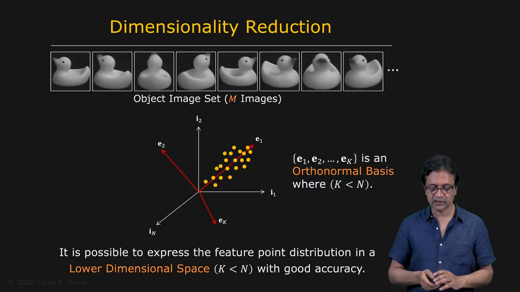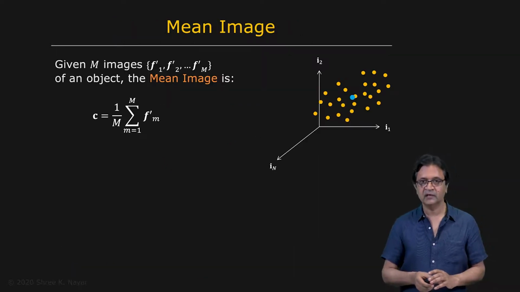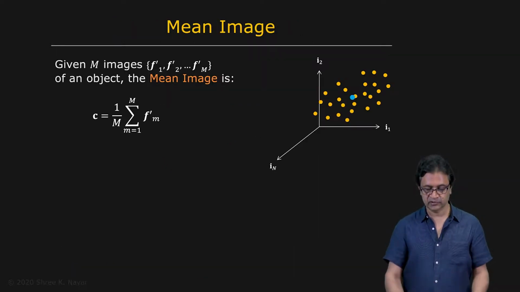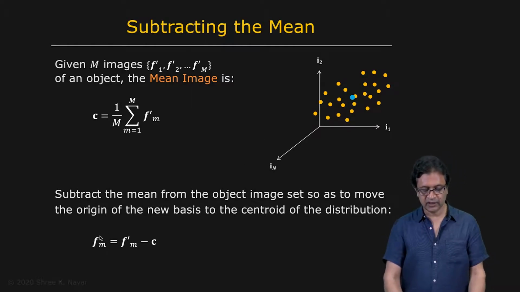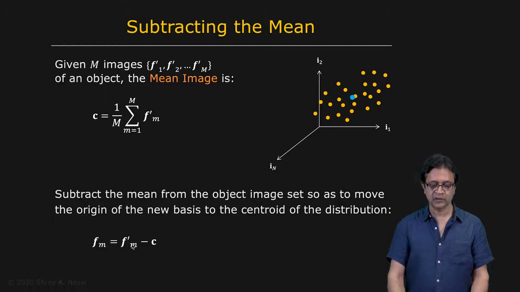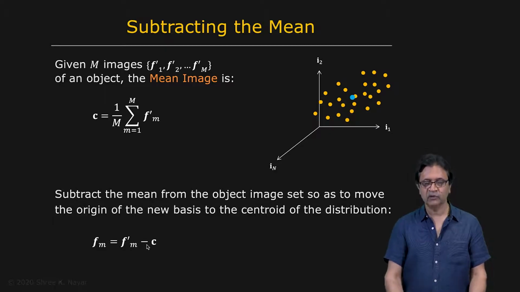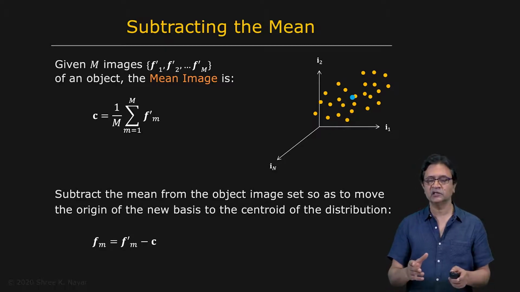So here's the first thing that we're going to do. We're going to find the mean image of this distribution. So the images that are given to us are f1 prime through fm prime. We simply compute the mean, which is this blue dot that's here. And we're going to subtract the mean from each one of these original images. So you get fm equals f prime m minus c. What this really is doing is changing the origin of your coordinate frame.